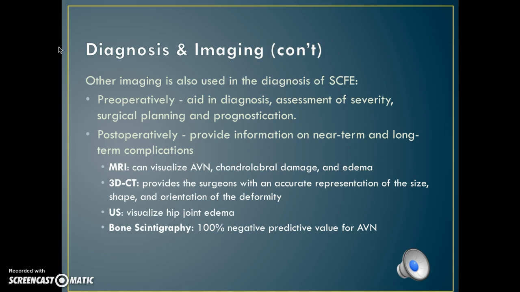A 3D CT scan can provide a surgeon with very important information about the 3D structure of the deformity to help plan insertion sites as well as the method of fixation. The ultrasound can also be used to visualize edema, and bone scintigraphy is a really useful tool because it has a 100% negative predictive value for avascular necrosis, meaning that every patient with a negative bone scintigraphy scan will not have AVN, so it is very good at ruling it out.